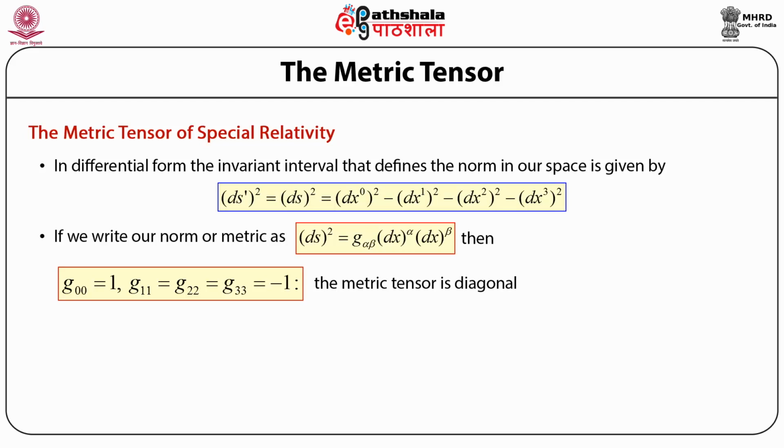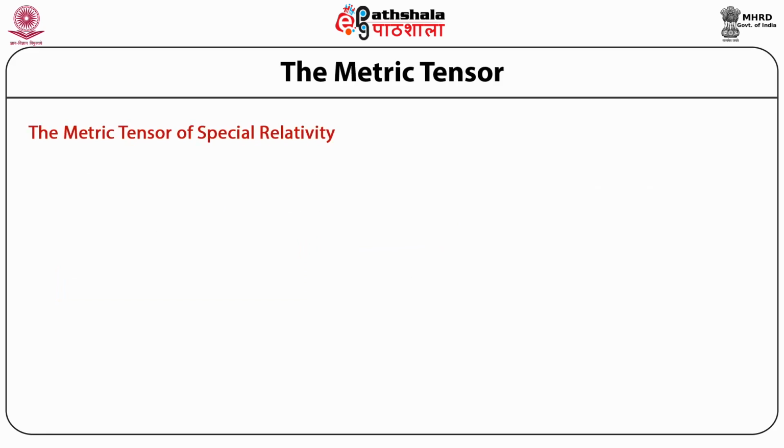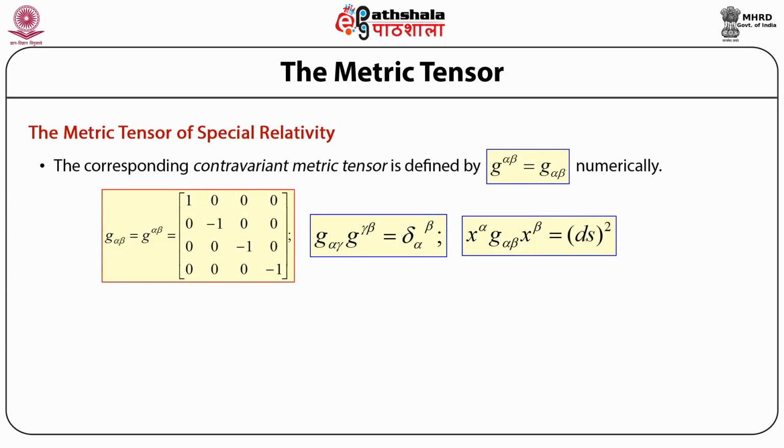Further, this second order covariant tensor g_αβ is called the metric tensor and is diagonal, that is all its off diagonal elements are equal to 0. The corresponding contravariant metric tensor is defined by g^αβ equal to g_αβ numerically.